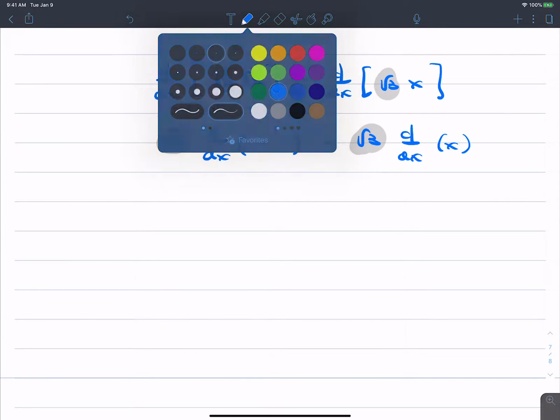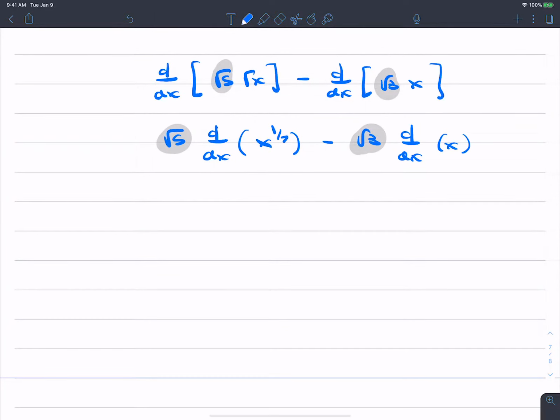I give advice to calculus students, because you're going to see the derivative of the square root of x a lot.